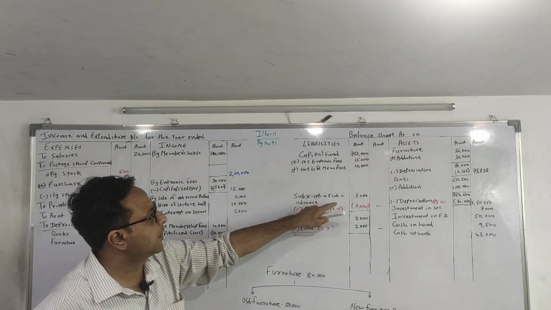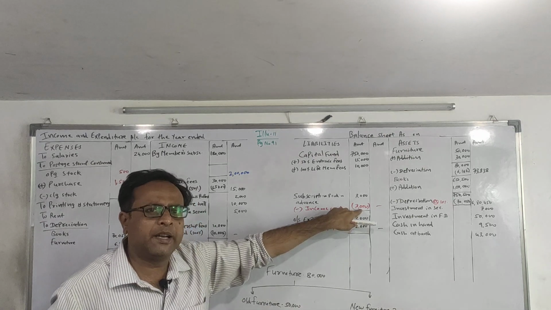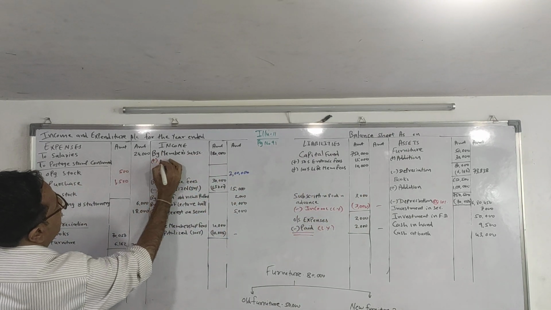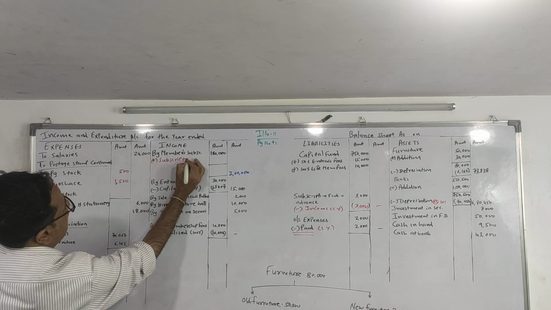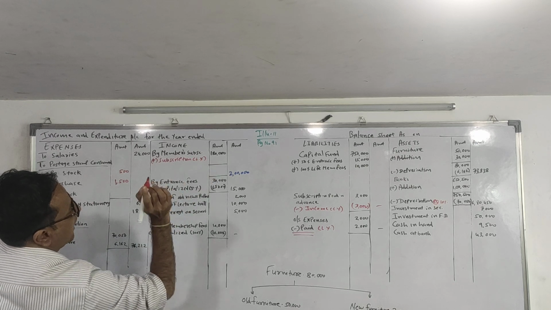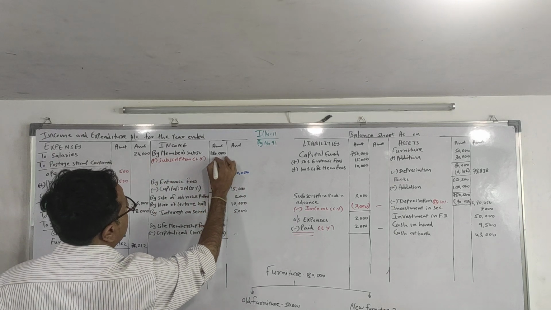So do remember, when subscription is received in advance, we will reduce it from the liability part and will add to the income part. Add subscription, in bracket, what you will write down, last year. Why last year? Because this 3000 we have received in last year.